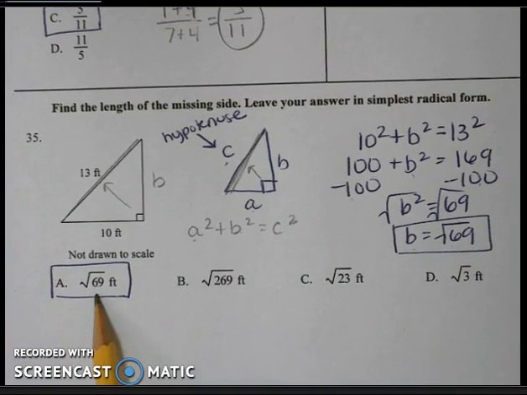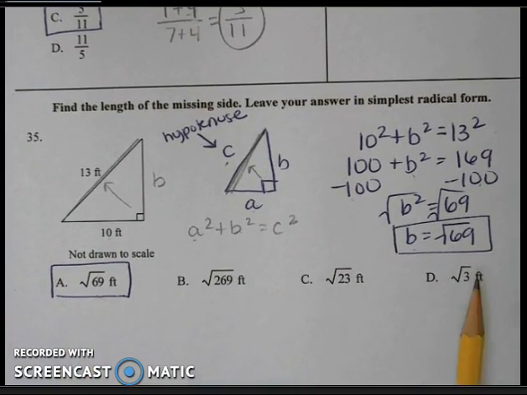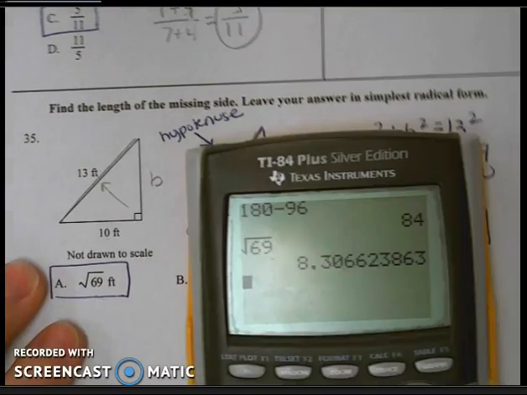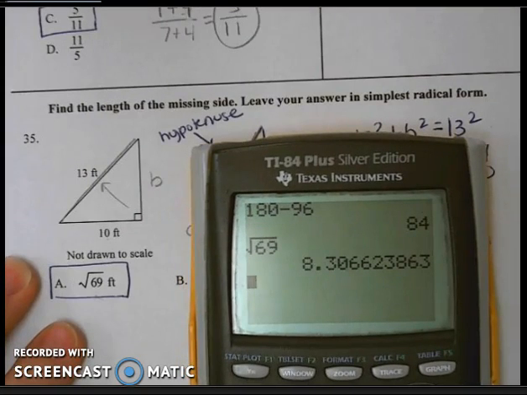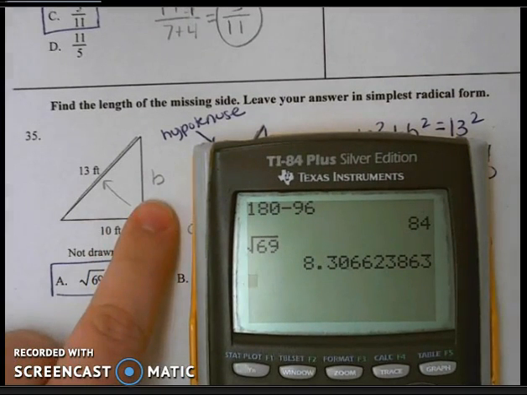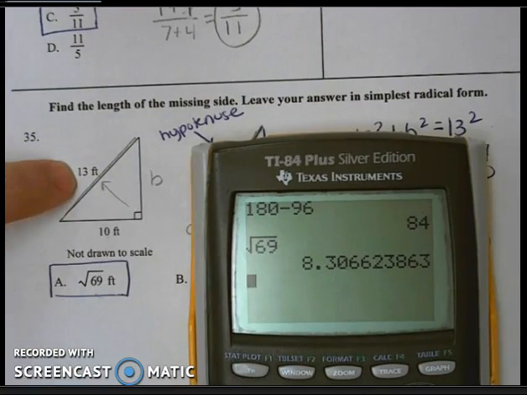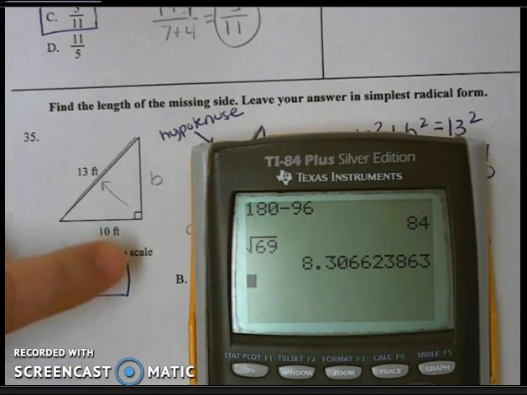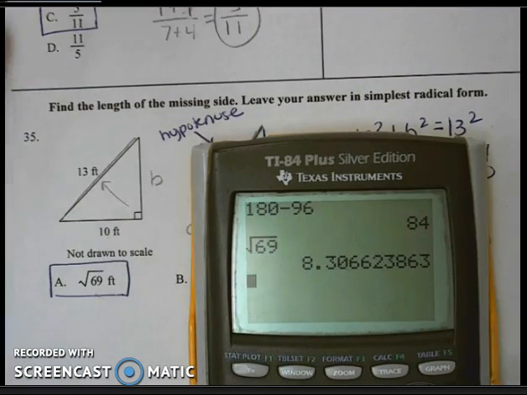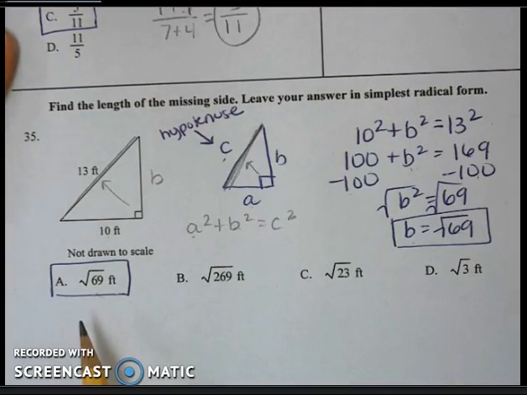I left it that way since that's how these responses are. But what is that as a number? The square root of 69 in your calculator says approximately 8.3. So I'm going to tell myself that that seems like a reasonable answer for this triangle. I know that 13 has to be the longest, and 8.3 seems like it would fit in this problem. So that is your final answer.